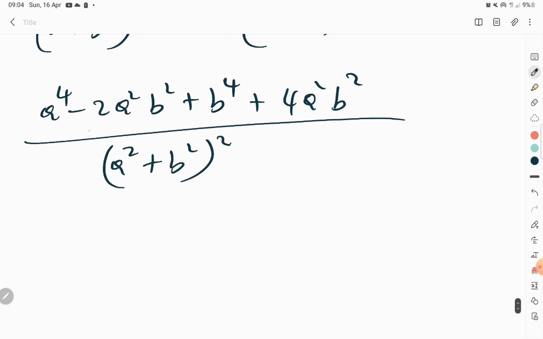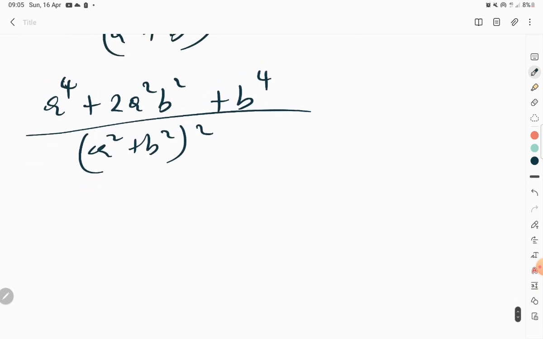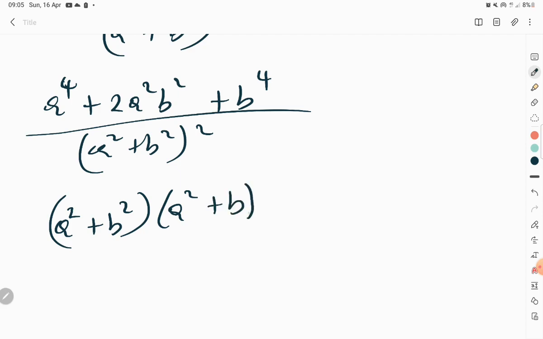Simplifying, these are like terms, so we can add them together. We'll find that we have a to the fourth, plus 2a squared b squared, plus b to the fourth, all divided by a squared plus b squared all squared. This is factorizable in the form a squared plus b squared times a squared plus b squared.